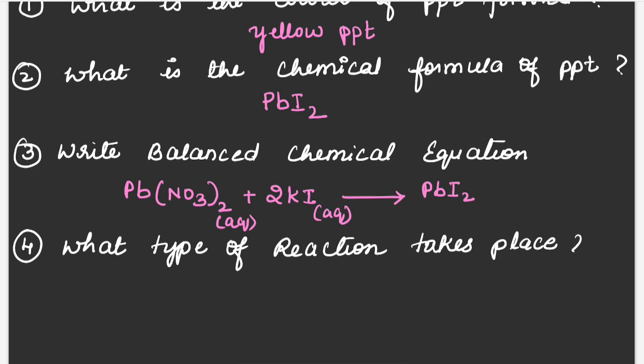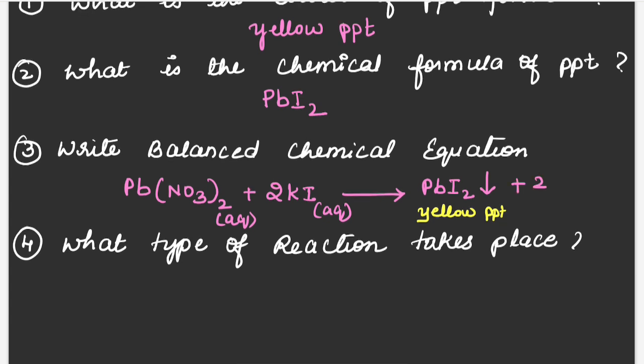This is the precipitate formed, so you indicate a downward arrow like this. This is the yellow precipitate, so below this I will write yellow precipitate. Plus potassium nitrate, KNO3. This is the balanced chemical equation for this activity.